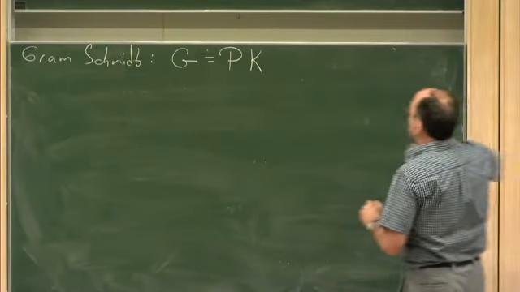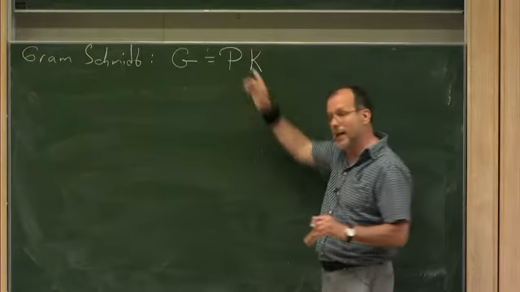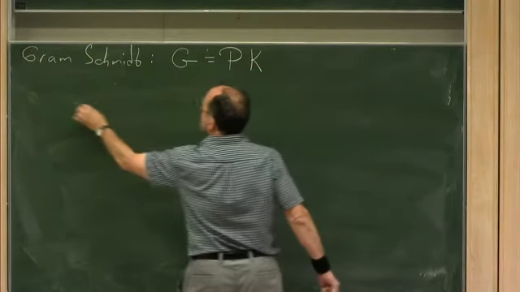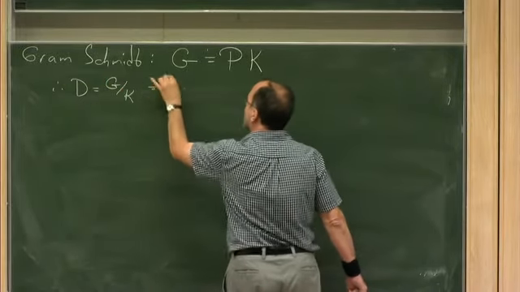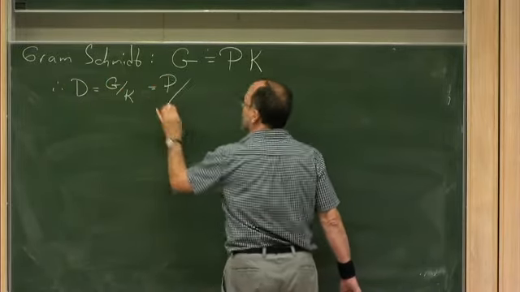So therefore, that parabolic subgroup acts transitively on the symmetric space. So therefore, D, which is G mod K, is really alternatively written as P mod K intersect P.